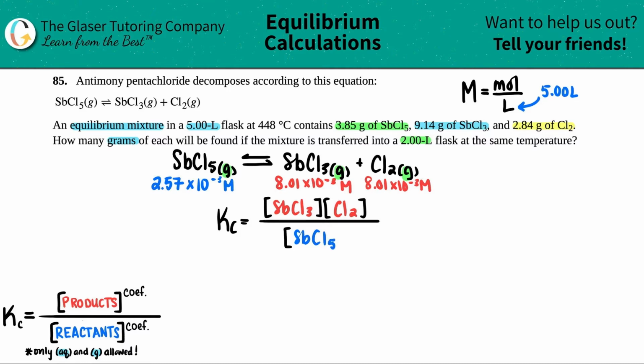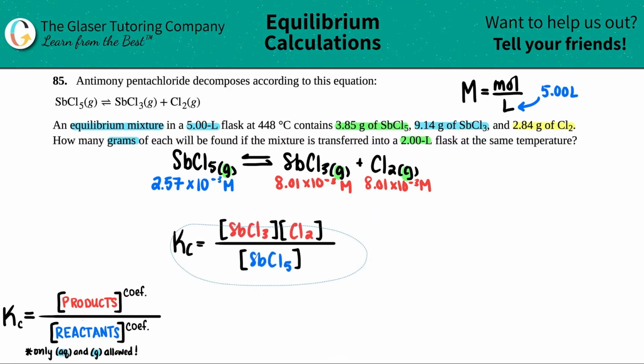Okay, so I will maybe pull this a little bit over here. We're solving for Kc. We have 8.01 times 10 to the negative third for both of these values. And then this is 2.57 times 10 to the negative 3.